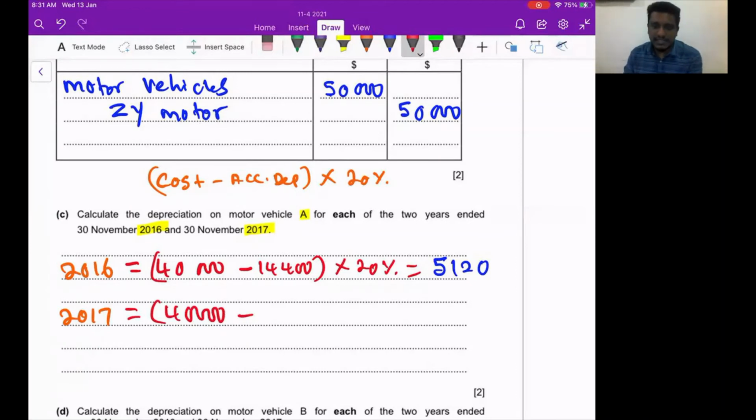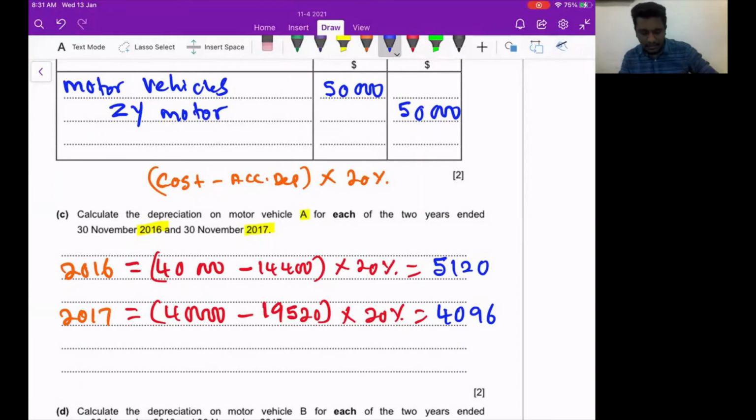The total depreciation for now is 19,520, times 20%. 40,000 minus 19,520 times 20%, I get 4,096. That's my depreciation for each year. Okay, now next question.